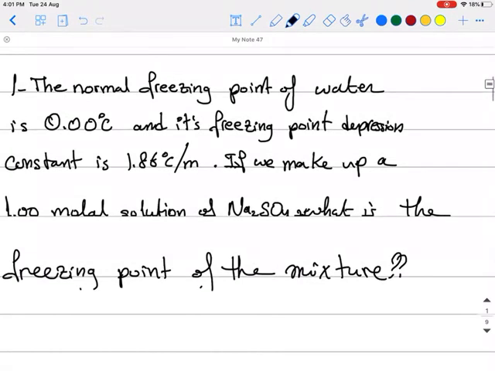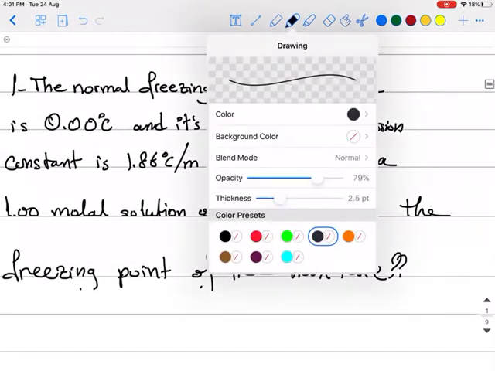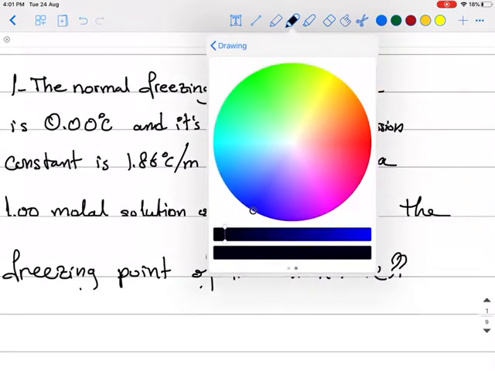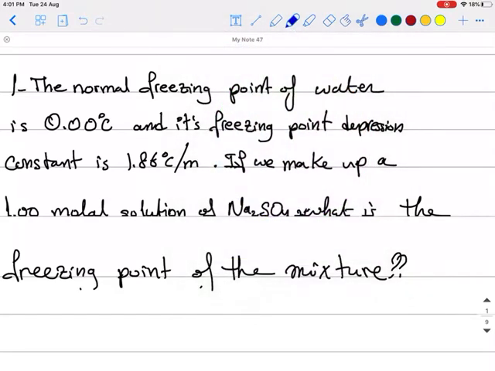The normal freezing point of water is 0 degrees Celsius. So if I'm talking about pure water, its freezing point is 0 degrees. So I start by giving T freezing for pure water equals 0.00 degrees Celsius.